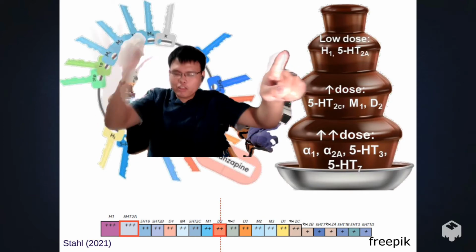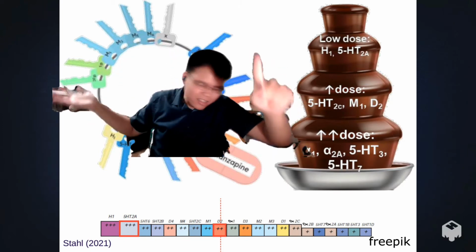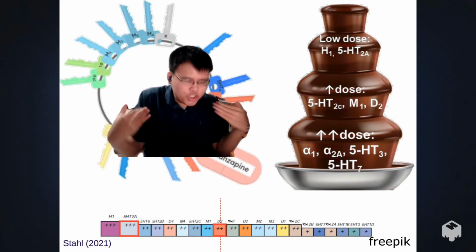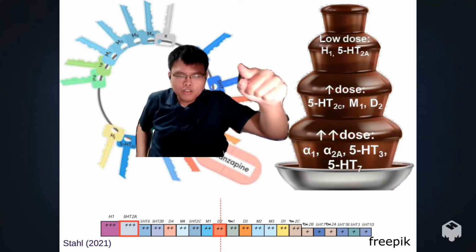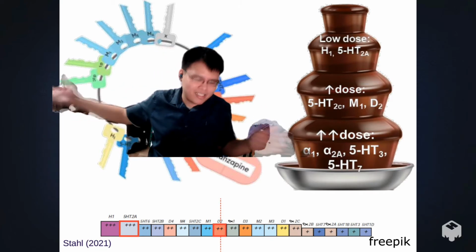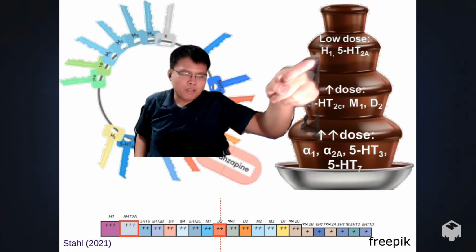Meaning, if I throw 1 milligram of olanzapine at the person and they take it, a huge chunk of that 1 milligram is really going to go to the H1 receptors, because olanzapine has its favorites, and also the 5-HT2A receptors.